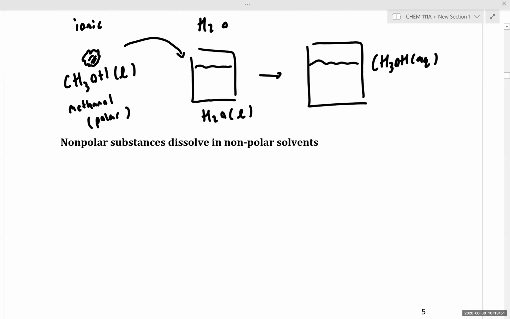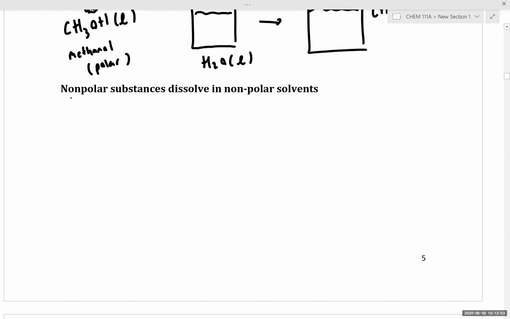Now, nonpolar substances dissolve in nonpolar solvents. Some common nonpolar solvents that we'll see consist primarily of carbon and hydrogen only.